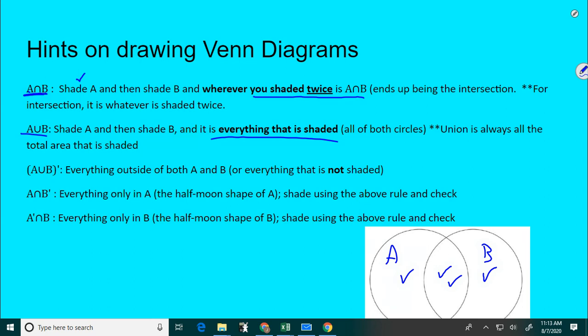Okay? So now, let's look at the next one. A union B complement. So that's everything outside of A and B. So that's the area out here if we wanted to shade it, or however you want to signify what it is. That's A union B complement.